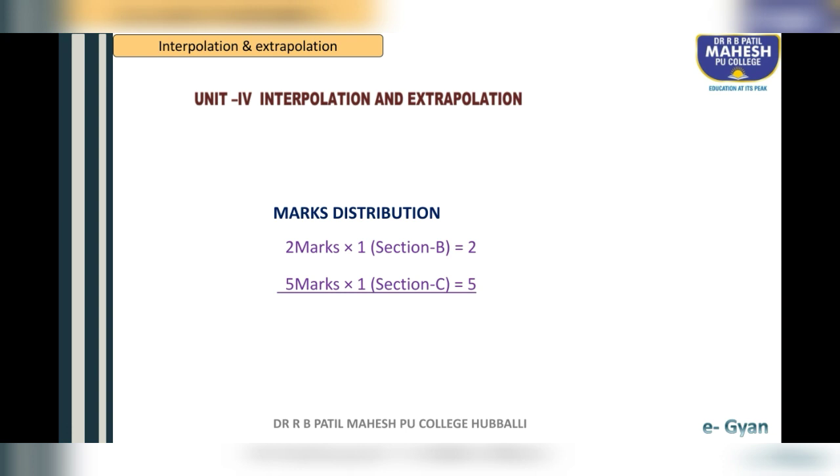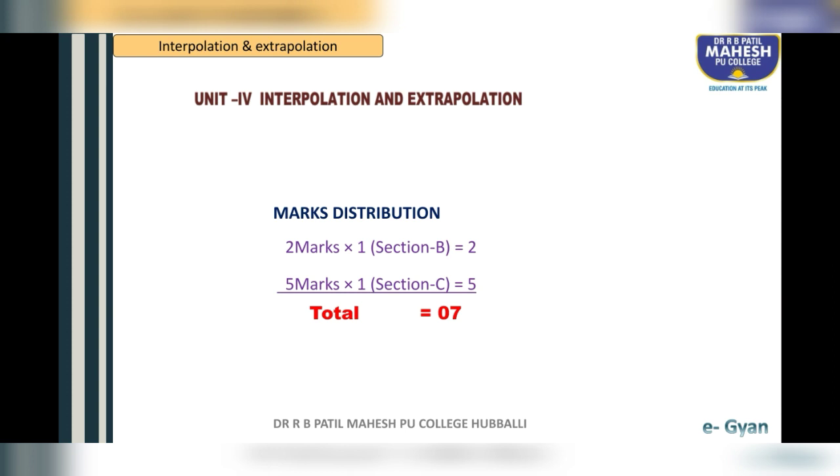So on this chapter, interpolation and extrapolation, in total you are getting 7 marks. Out of these 7 marks, purely 2 marks is the theoretical part.